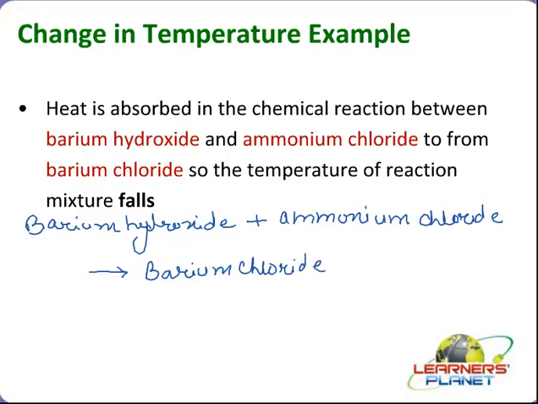Now one question can be there in the mind, that is, when a bond breaks, there is energy released. When a bond is formed, there is energy required. Now in an endothermic reaction, students, energy released is less than energy required.